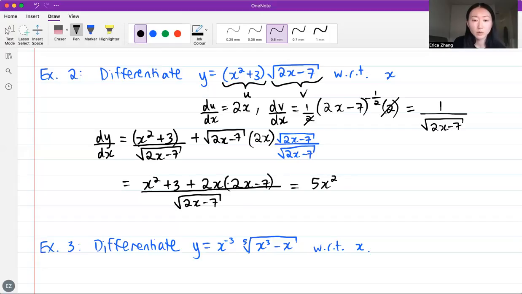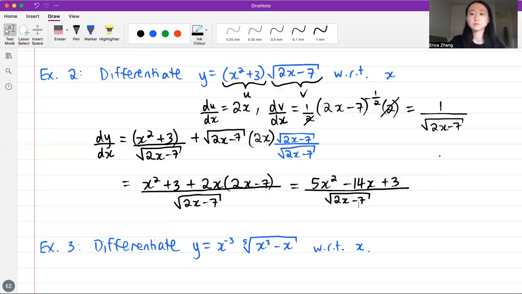And then we have our term with a single power of x, which is minus 14x, right? 2x multiplied by negative 7, and then the constant coefficient. Right, so this is our result.